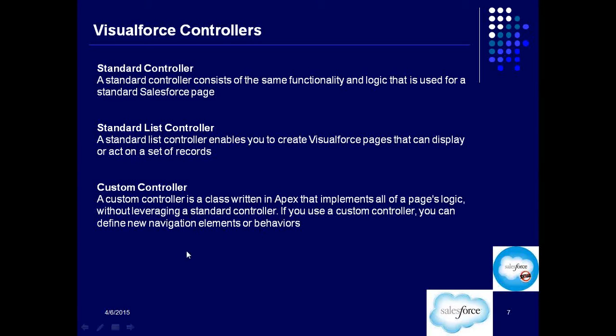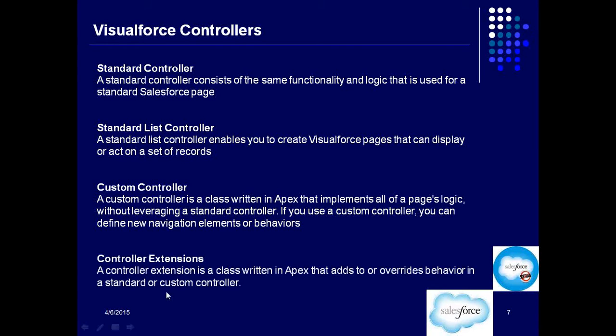If you use a custom controller, you can define new navigation elements or behaviors. So you can write your own logics, your own navigation elements, your own behaviors. And then there is another thing which is called a controller extension, the fourth and the last type of controller.